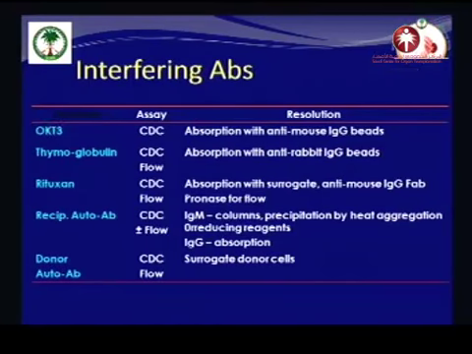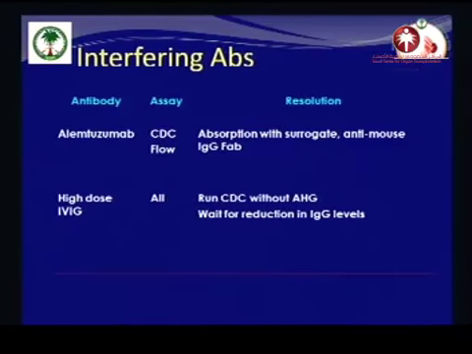I'm showing you on the slide some of the most commonly used agents that we use in transplantation. OKT3 is probably no longer used in many of the centers, but certainly thymoglobulin is the number one induction agent used in many centers. Rituximab, which is the anti-CD20 antibody that I just showed you, and sometimes centers use alemtuzumab, which is an anti-CD52 antibody, and high-dose IVIG.